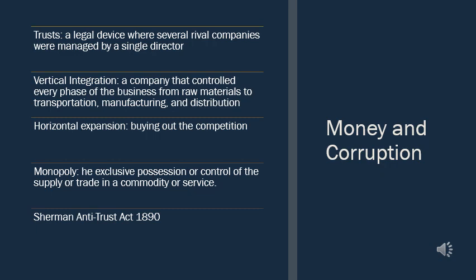Or if you guys have watched The Founder on Netflix, you can maybe see some examples of horizontal expansion where they try to buy out their competition. That, again, is something that can lead to monopolies, which is the exclusive possession or control of the supply of a trade in a commodity or service.